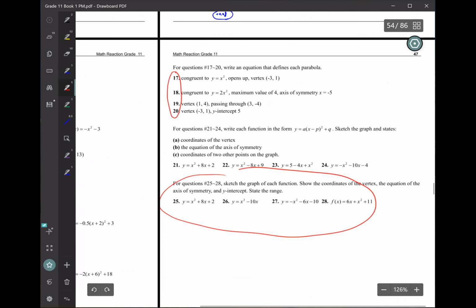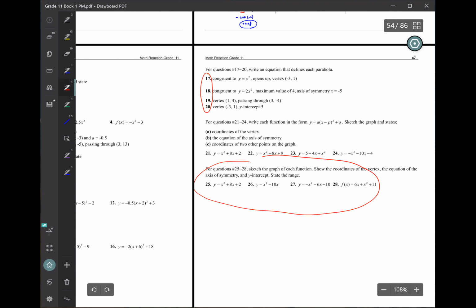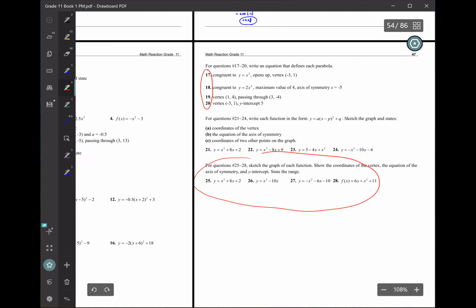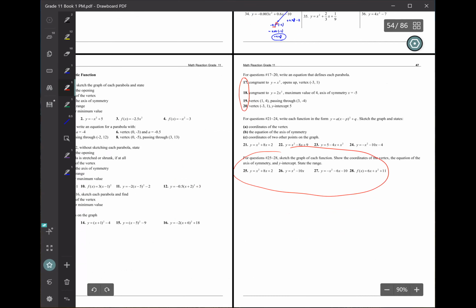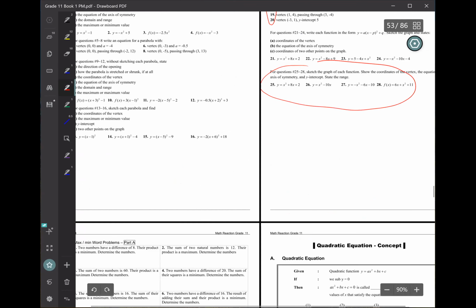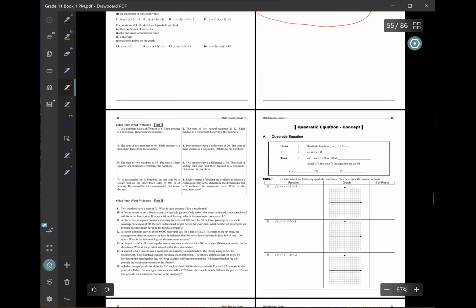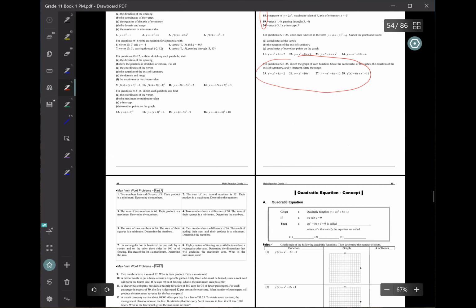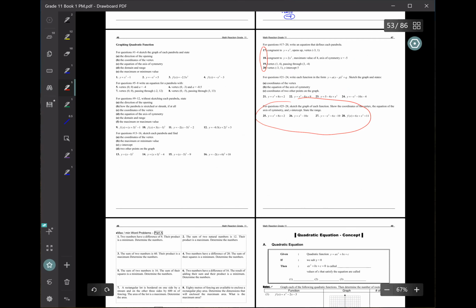Anyone has questions about this part? Twenty-five to 28, you need to do the complete square. Change to standard form correctly. Evan, do you have any questions? I'm just looking over right now. Okay, take your time, take a look.